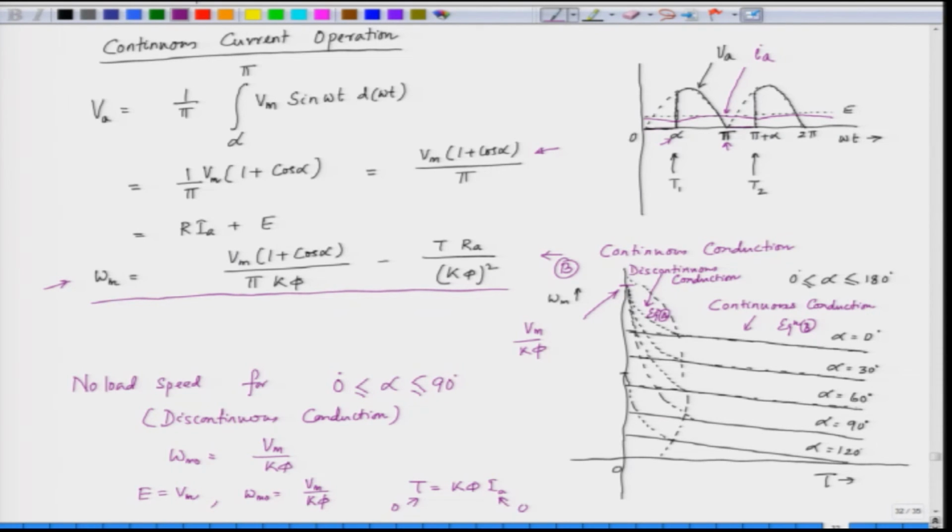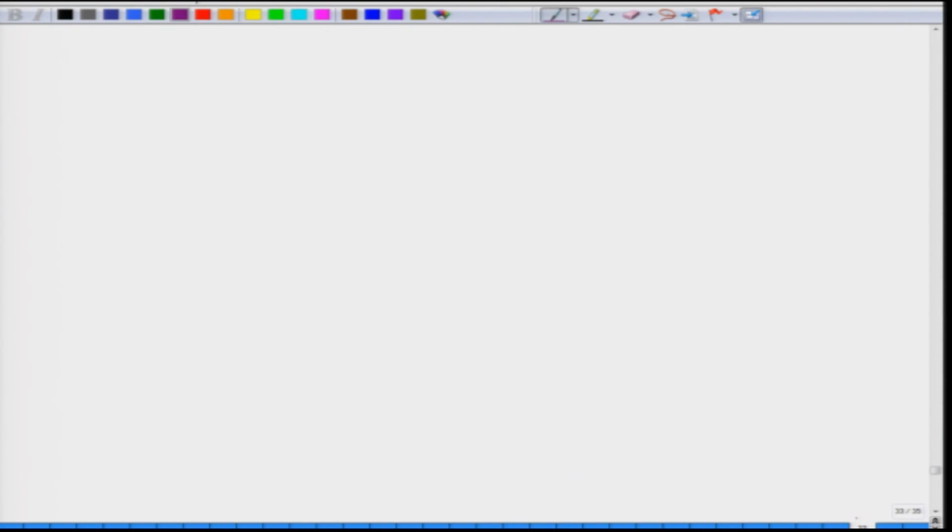Now, if alpha is greater than 90, the no load speed is given by this equation.